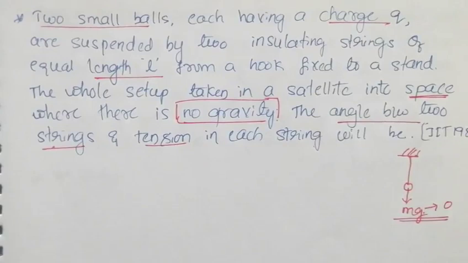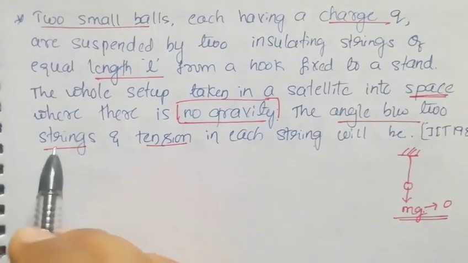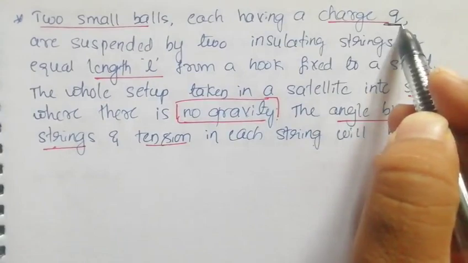So if I draw a diagram, only one type of force is acting: the force due to the charge, which is repulsive in nature, because in the question both have the same charge, which means there will be repulsion.